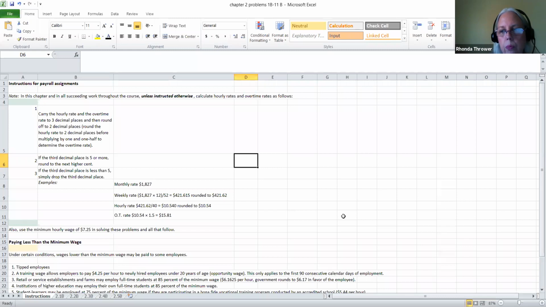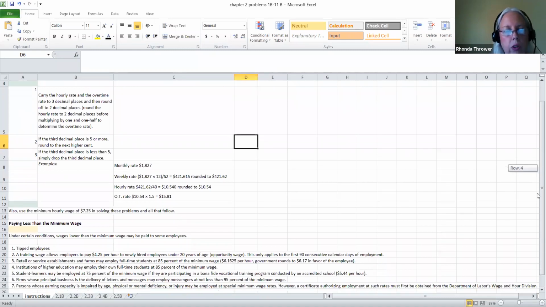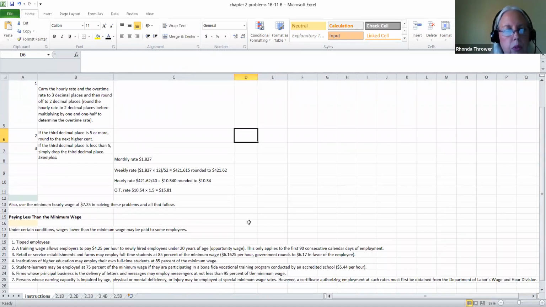Also, you need to know some things about minimum wages, that there are certain exceptions to the minimum wage. These conditions sometimes will allow us to pay less than the minimum wage rate to employees. You'll remember from Chapter 1 that the Fair Labor Standards Act sets the minimum wage, and the minimum wage currently is 7.25, although in the news we're hearing that that's going to change at some point this year.